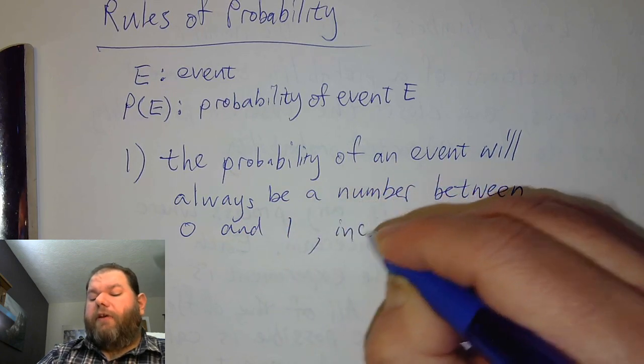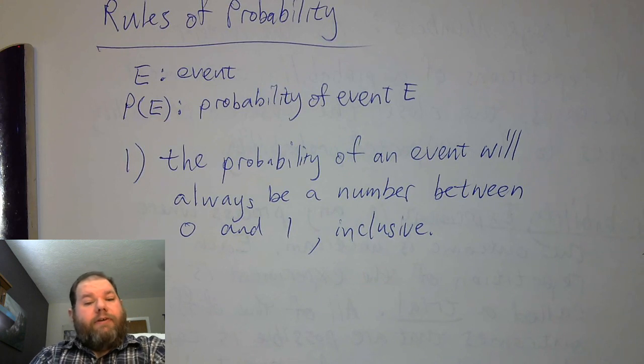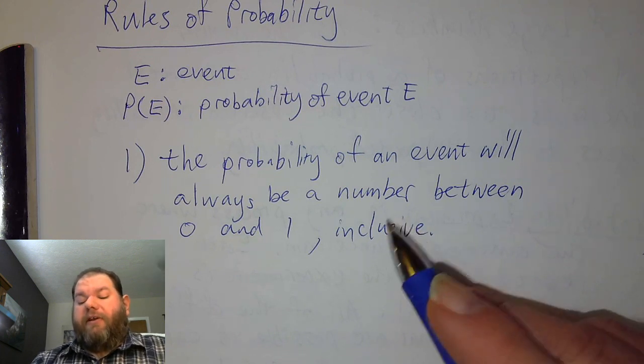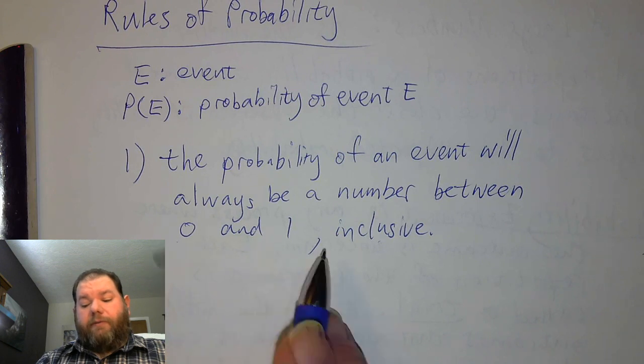And we say that's inclusive because it could be equal to 0, equal to 1, or anything in between. When we say something is inclusive, it includes those numbers themselves.